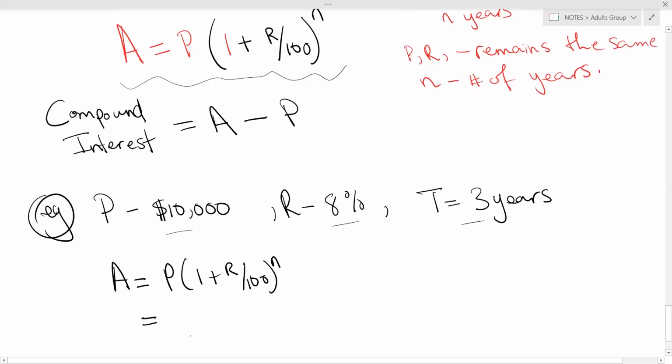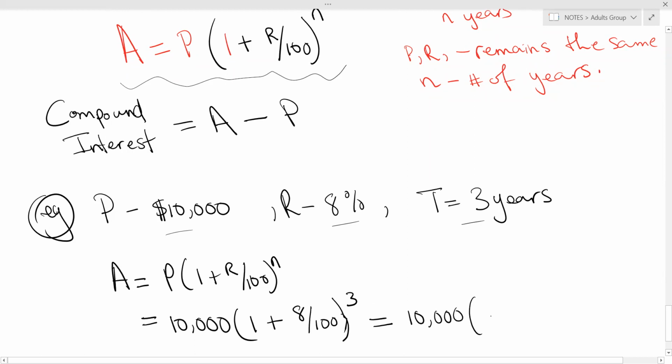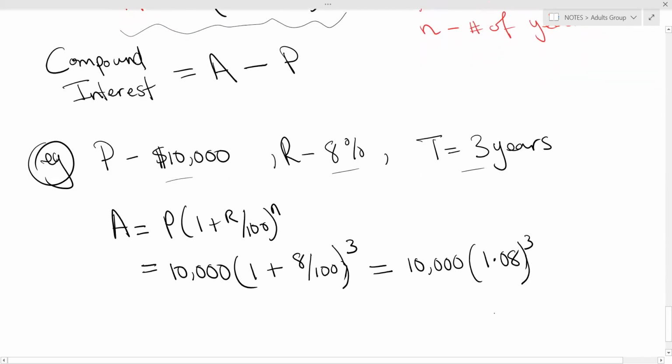So P is $10,000. Open bracket 1 plus R, which is 8, and of course 8 over 100, to the power of n, and we know n is the amount of time in years, which is 3. And BODMAS says, work out what's in the brackets first. So it's going to be 10,000 multiplied by 1.08 raised to the power of 3. After brackets in BODMAS, we have to work out the power.